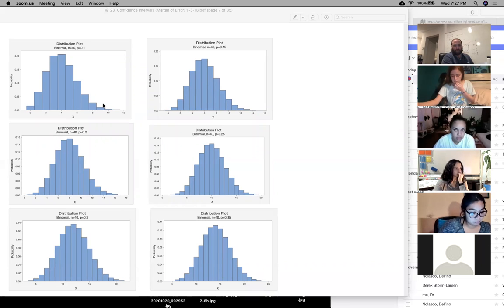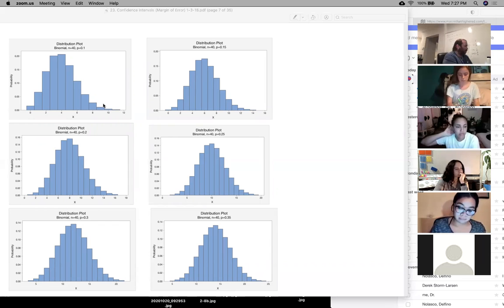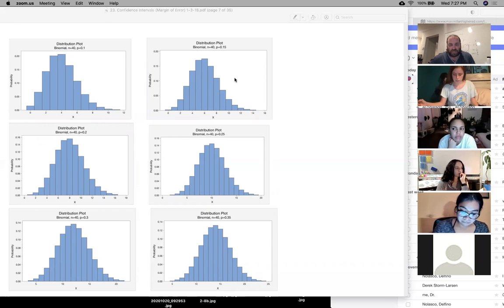So let's look at the first one where P is 0.1. Is 14 a plausible result in this one? No. How about 0.15? Is it a plausible result in that one? No, it's still under 5%.